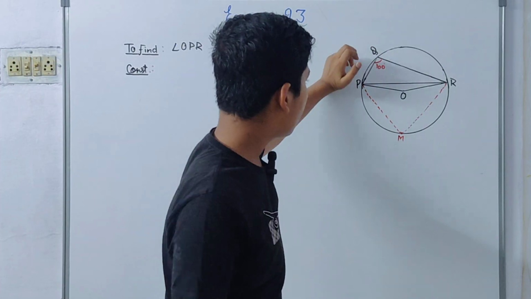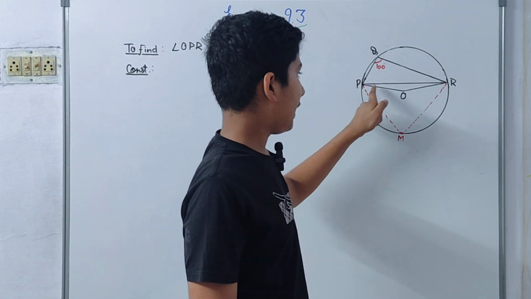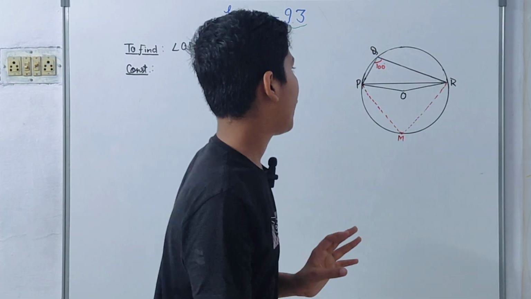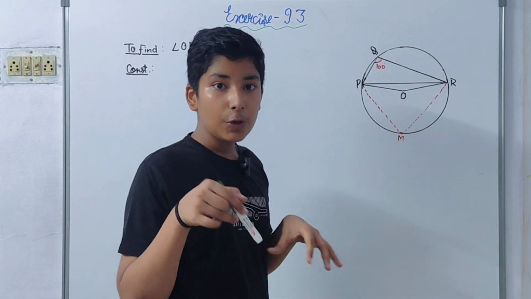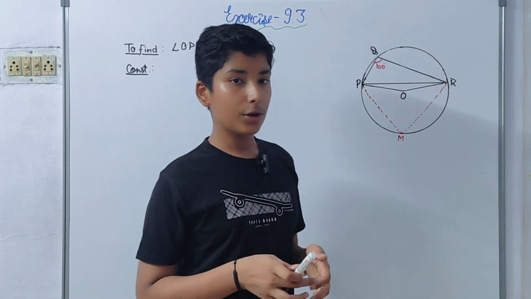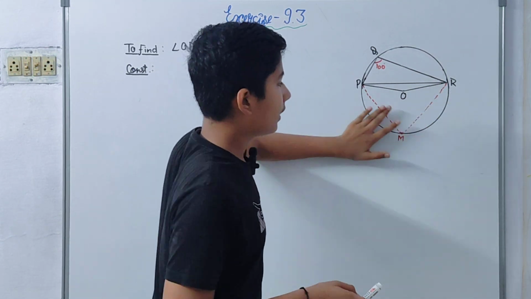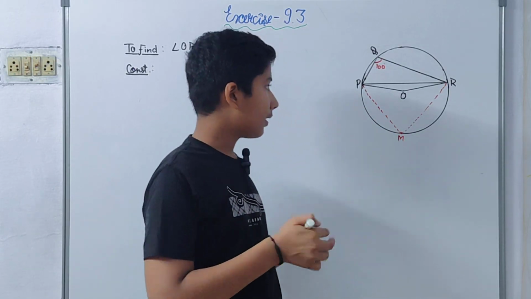Here we have to find out this angle OPR. If you focus on it, it's very easy. There was nothing on this red line, but I made it as a construction.